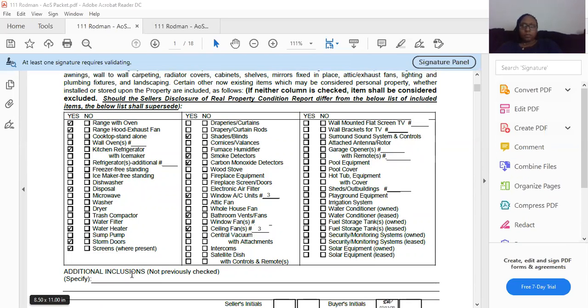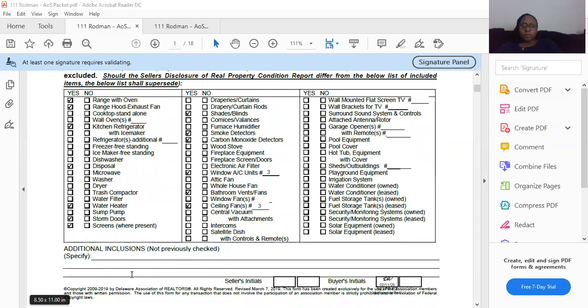Now, I don't see a chandelier on this box, but I'm giving it as an example only because it's happened to me in the past, where if the seller removes that chandelier, they have to replace it with a light, and that's got to be made clear either in the inclusions, exclusions, in the MLS or someplace, so you know that chandelier isn't included.